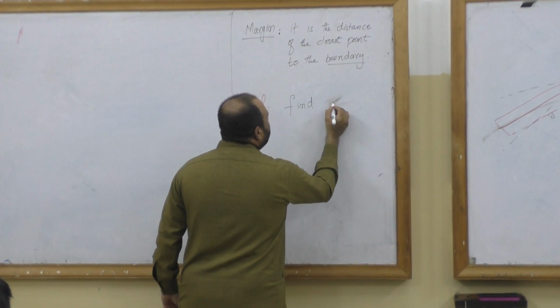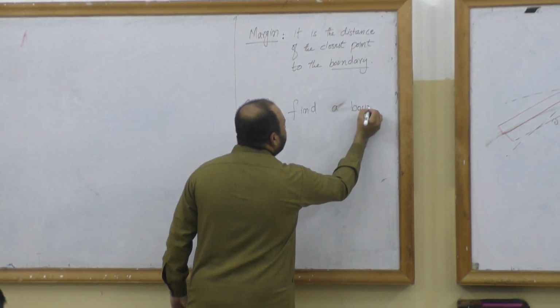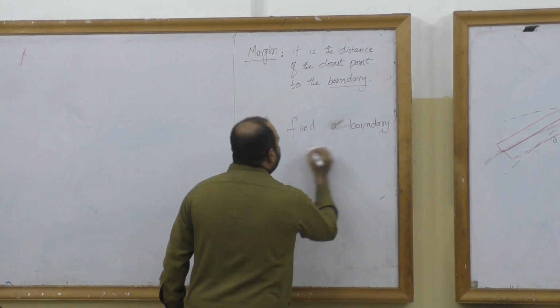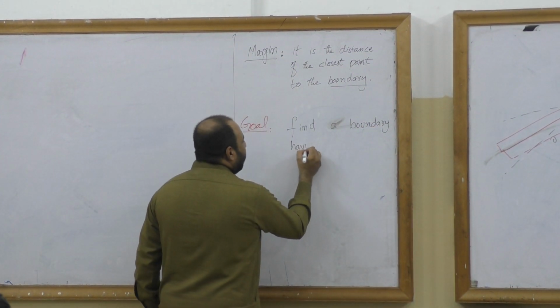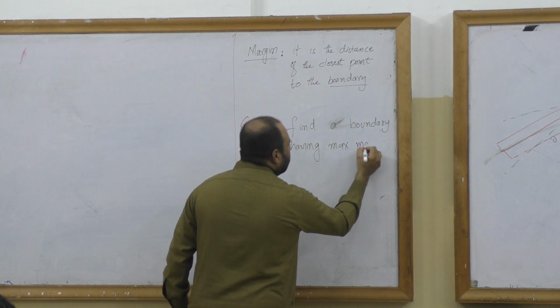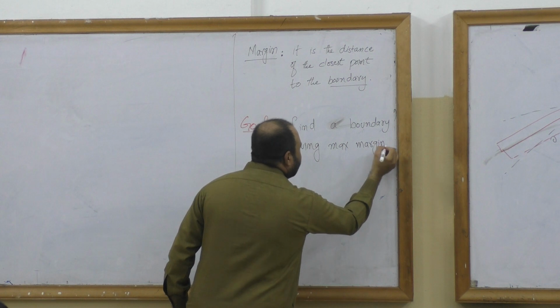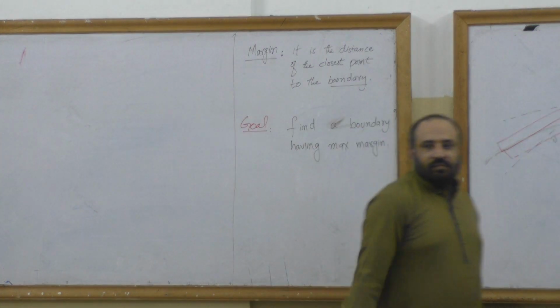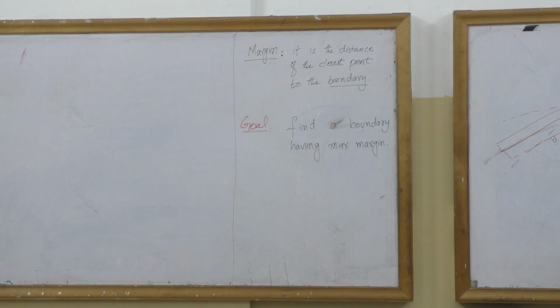There might be multiple boundaries. Find a boundary having max margin. So the goal is to find a boundary that has maximum margin.